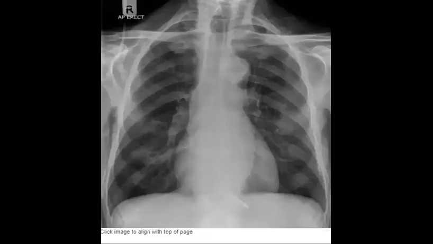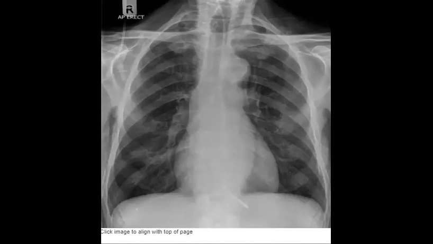And what about this one? Is it in good position or not? Should be introduced more. Yeah, perfect. So it should be in a safe position.